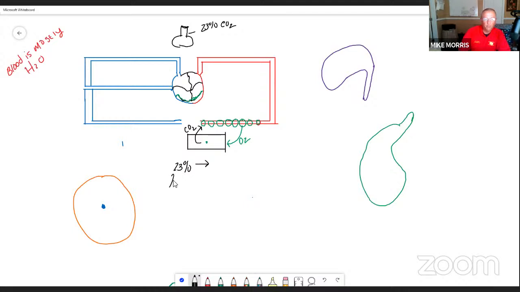The 70, whatever it was, 70%. 70% of this CO2 is going to mix with blood, which really what we mean is H2O, right? To create the body's buffer system.